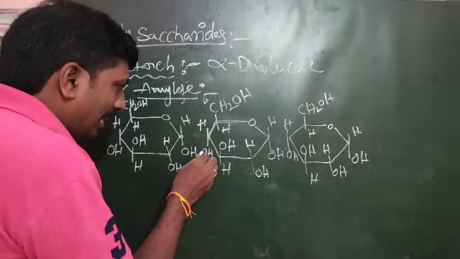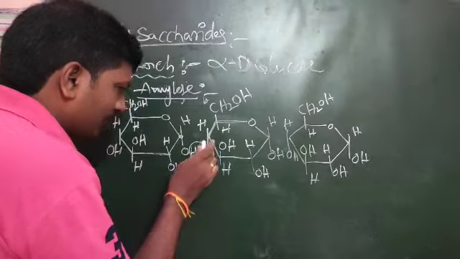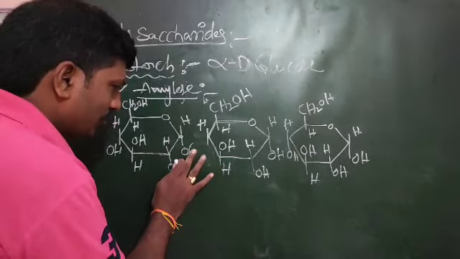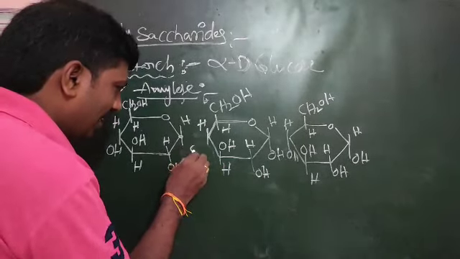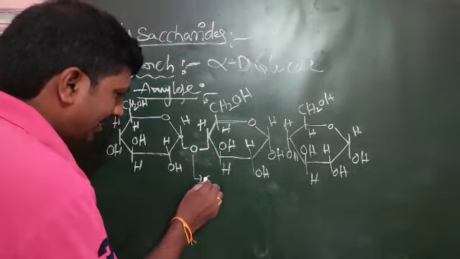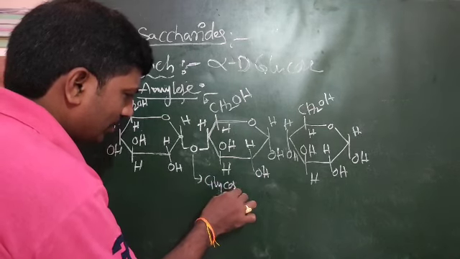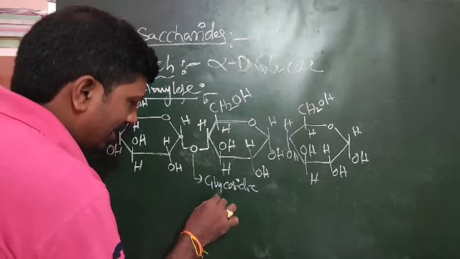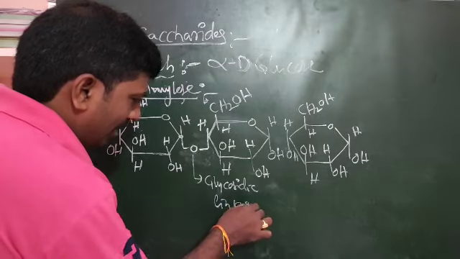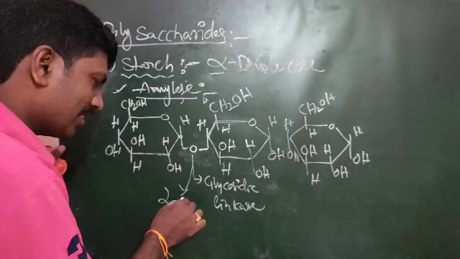Here, by loss of a water molecule, we can remove one H2O molecule. One O is left, and that O will form the glycosidic linkage, or this alpha D glucose alpha linkage.